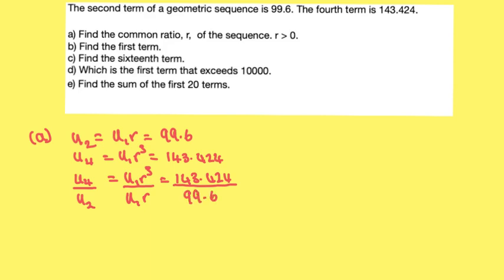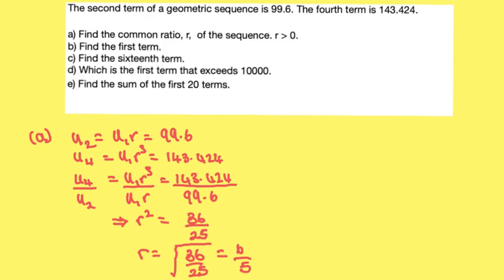So u1 r cubed over u1 r simplifies to get r squared is equal to 36 over 25. So r is equal to the square root of 36 over 25, which equals 6 over 5.